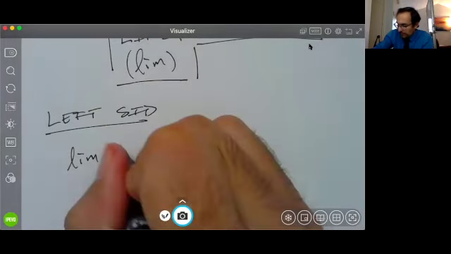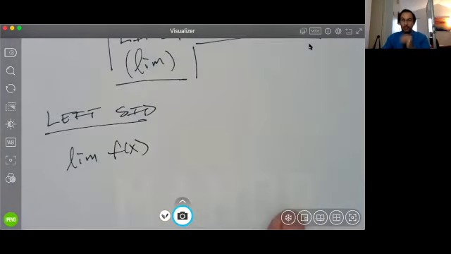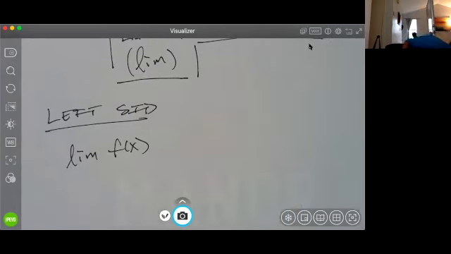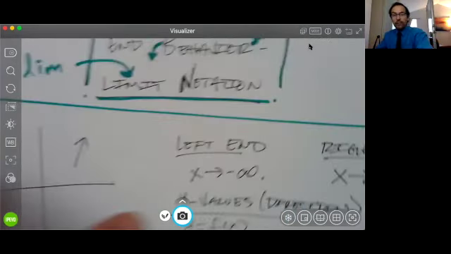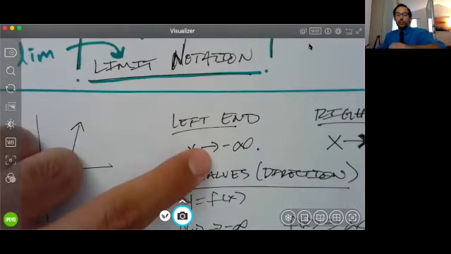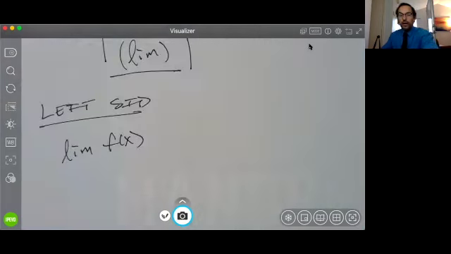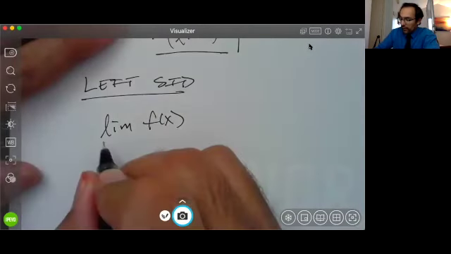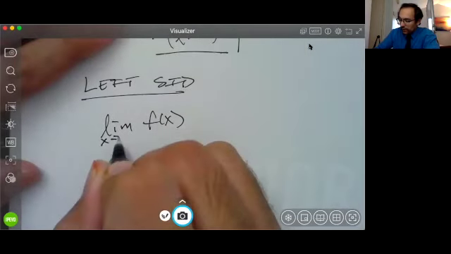And then right below the limit, I'm going to write the symbol for x going to the left. So if you notice from the previous part of this video, we showed that the left end is represented by x approaching negative infinity. So that's what I want to put on the bottom of my lim here, a little x approaching negative infinity.